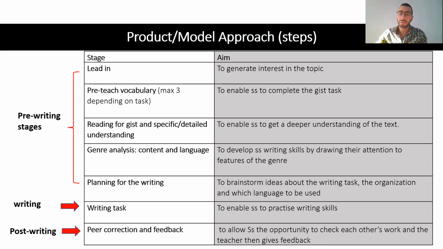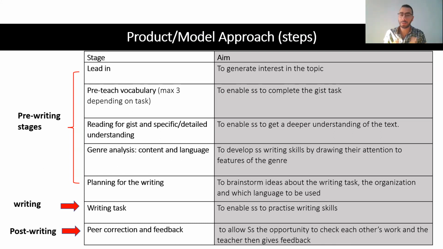Now, after we have finished the reading, we move on to the next step, which is basically what we call the genre analysis, in which we focus on content and language. Now, what do we mean by genre analysis? Let's imagine, for example, that we're teaching how to write an email of complaint.